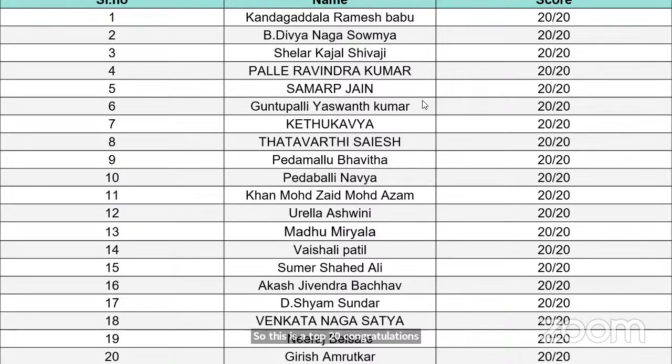Congratulations, guys. Tomorrow I'm conducting a quiz on the 4 topics we are left with: data sufficiency, statement and arguments, one diagram, today's topic visual reasoning, and tomorrow calendars. On these 4 topics I'm going to conduct a quiz tomorrow. All topics will be covered, and Saturday we'll have a quiz on the whole topic of logical reasoning.